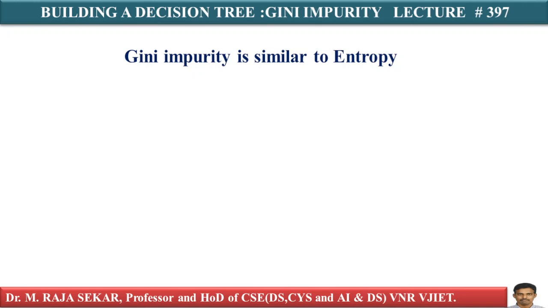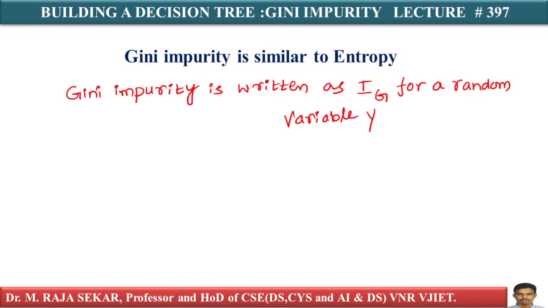So Gini impurity is written as I subscript g for a random variable y, that I can write as I subscript g of y.